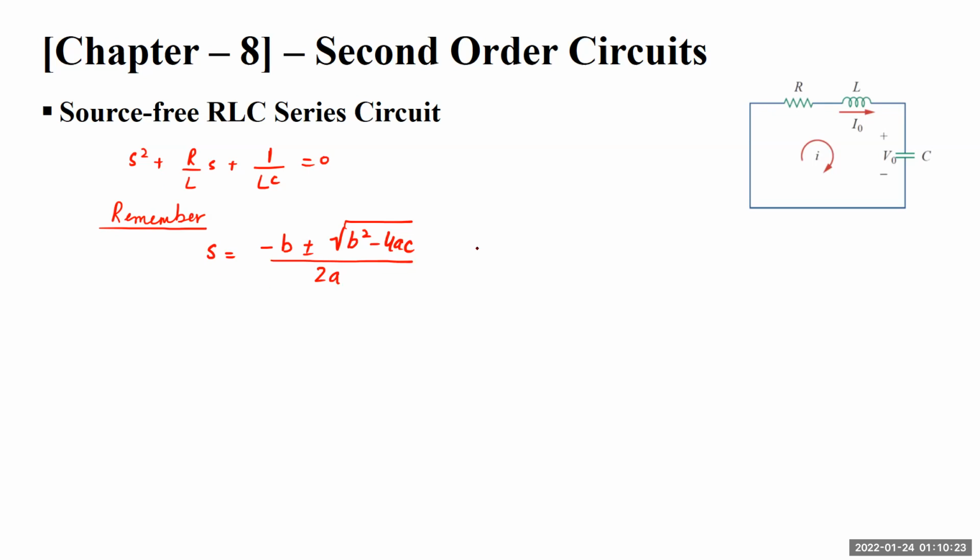So from this equation, we can say that a is 1, b equals R by L, and c equals 1 by LC. If we use these values and simplify, we get s1 and s2, so there will be two solutions.